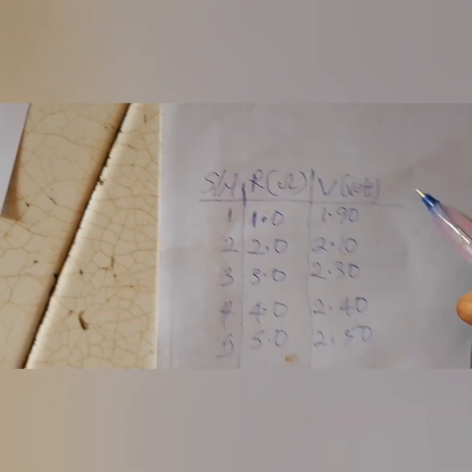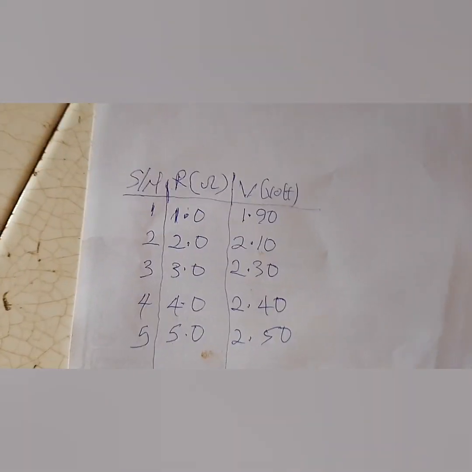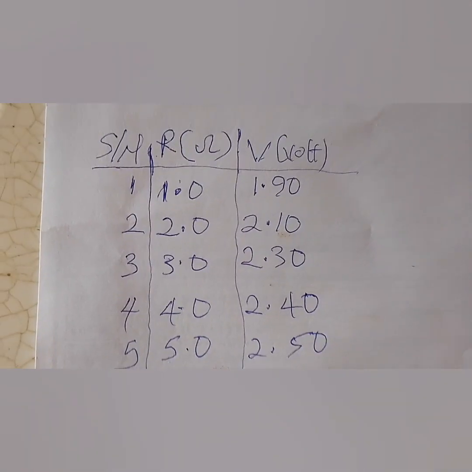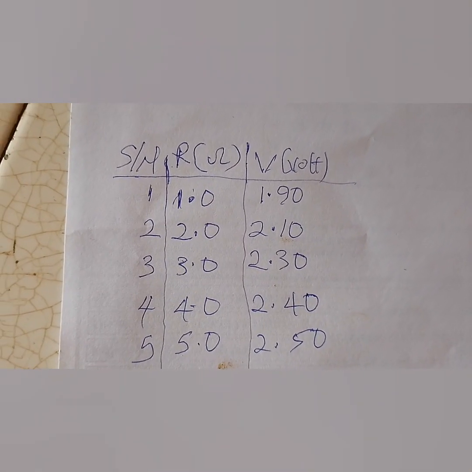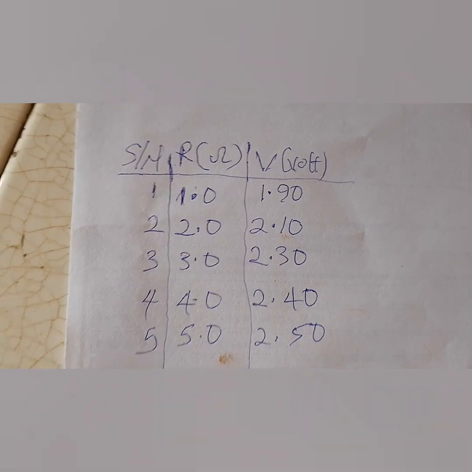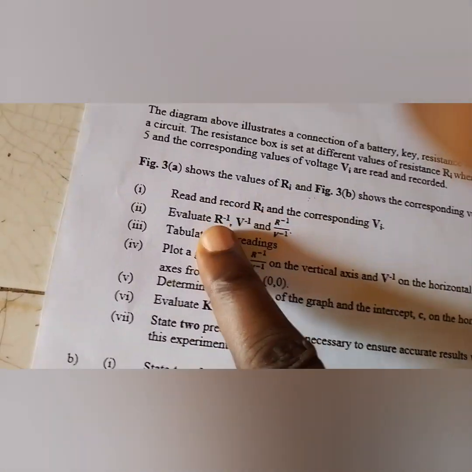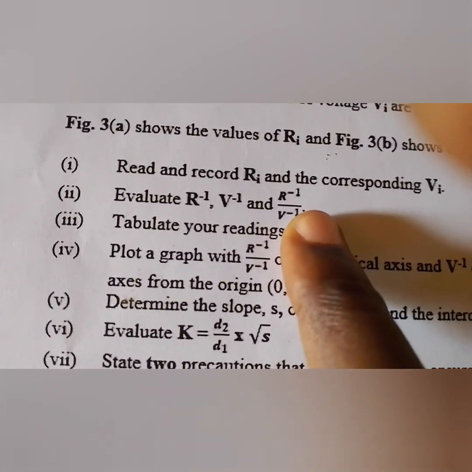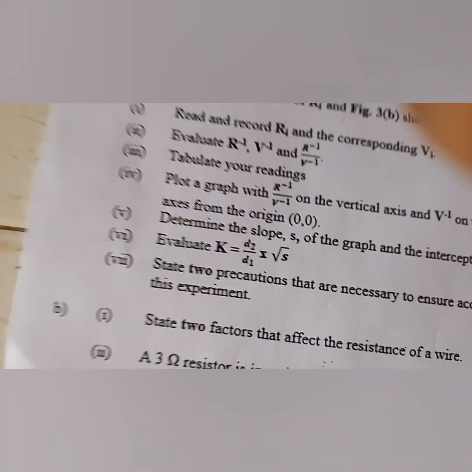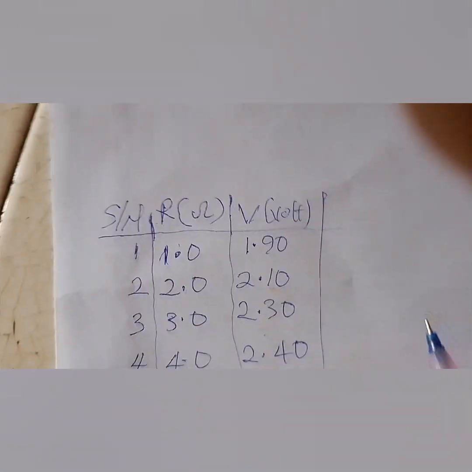Did you get that? So this is it. These are the values. So we need to proceed now. The next thing we need to consider is to get the R inverse and V inverse, and also R inverse over V inverse. Let's quickly put that in our table.